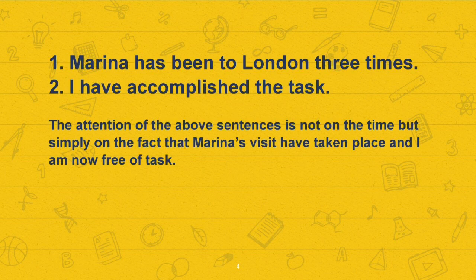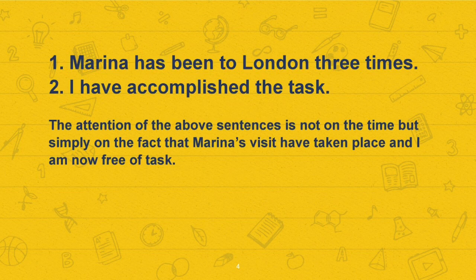Number 2, I have accomplished the task. Bisa diartikan, saya sudah menyelesaikan dengan sukses tugas itu, maka sekarang the result is saya bebas dari tugas. Jadi berfokus kepada hasil dan tindakan yang dilakukan oleh seseorang.